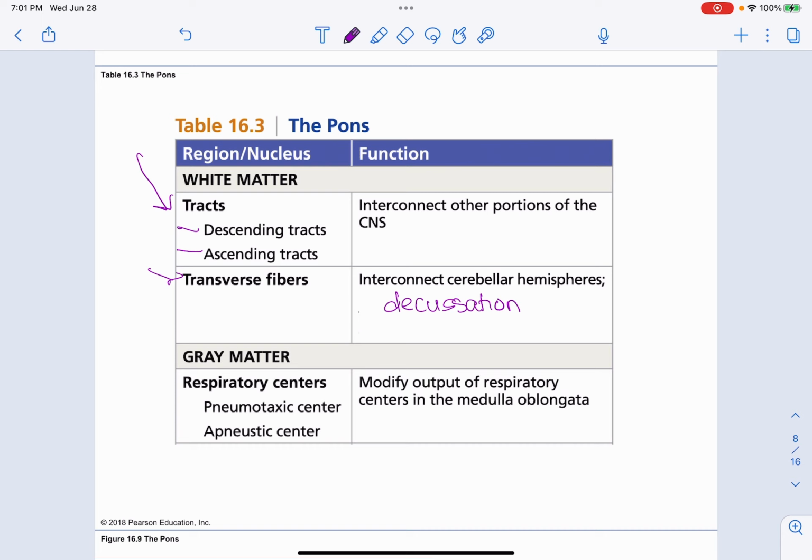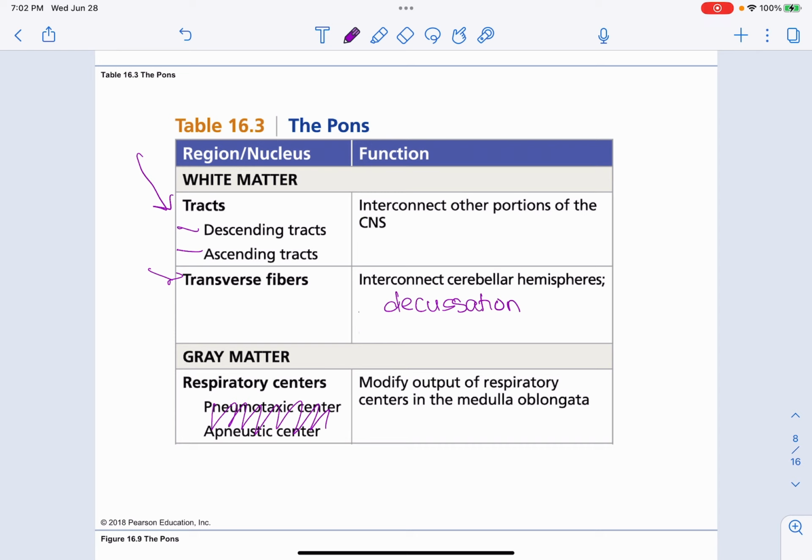There is gray matter in the pons, okay, and that has to do with the respiratory center. So it's similar to what we saw with the medulla oblongata, but it's a little bit different. So what's happening in the pons is that we have the ability to speed up the rate and depth of our breathing.